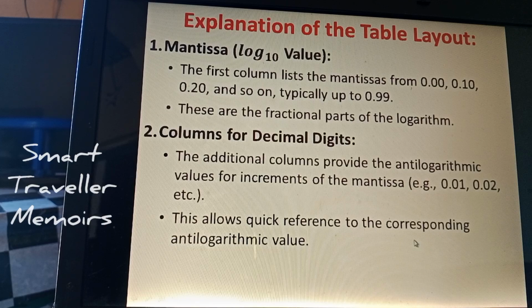The first column lists the mantissas from 0.00 to typically up to 0.99. These are the fractional parts of the antilogarithms. Columns for the decimal digits: the additional columns provide antilogarithmic values for increments of the mantissa, 0.01, 0.02, etc. This allows quick reference to the corresponding antilogarithmic value.